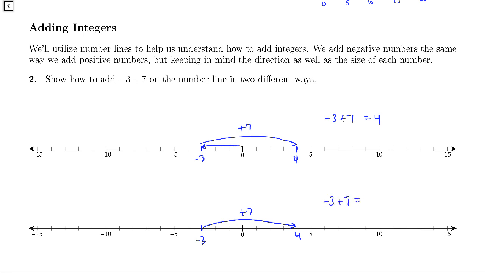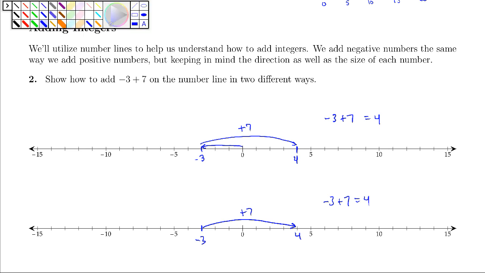I want to re-emphasize here, when I have that -3, that is counting 3 spaces, not tick marks. It's counting 3 spaces in the negative direction towards the left. And when I count the plus 7, I'm going plus 7 spaces.